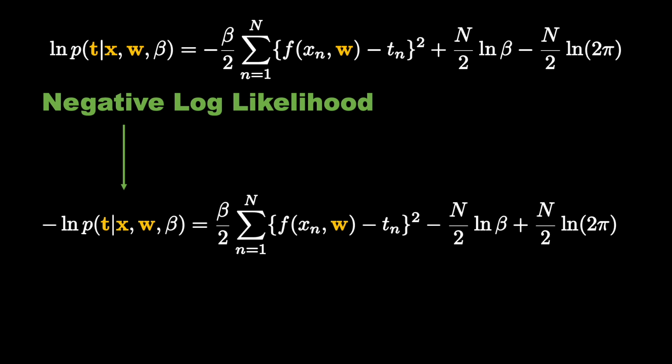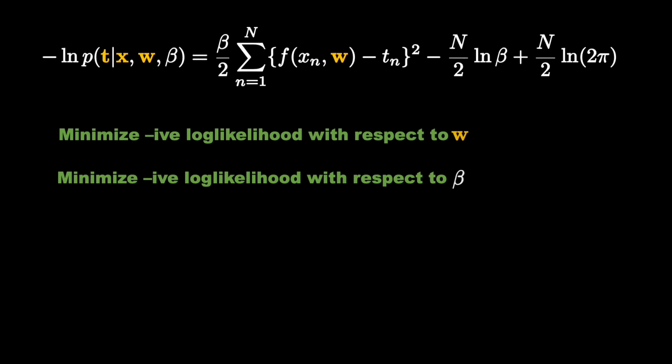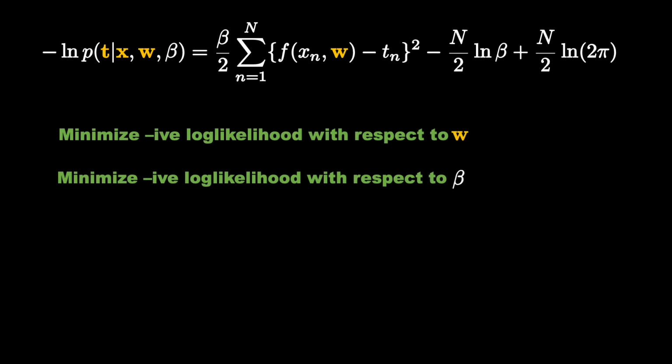The outcome is going to be identical. It's just that the minimization is the default process that many libraries in machine learning implement. We do this in 2 steps. First, minimize with respect to the weight vector, and then minimize with respect to the precision parameter.